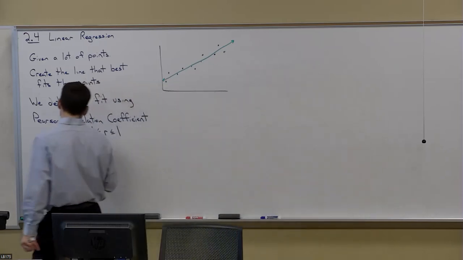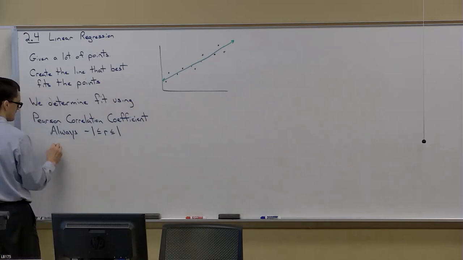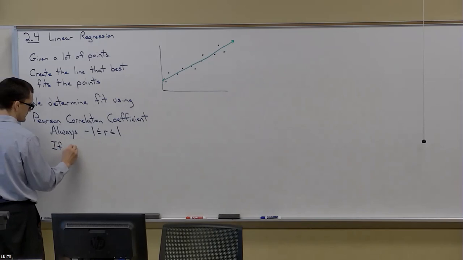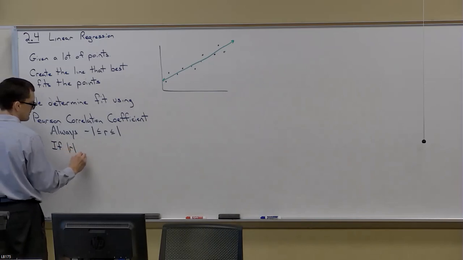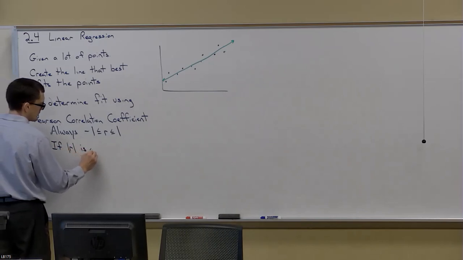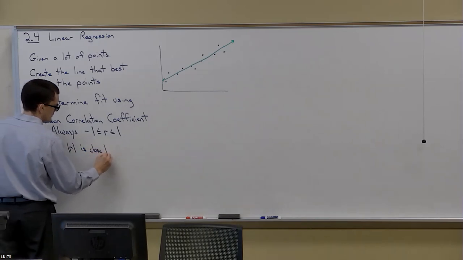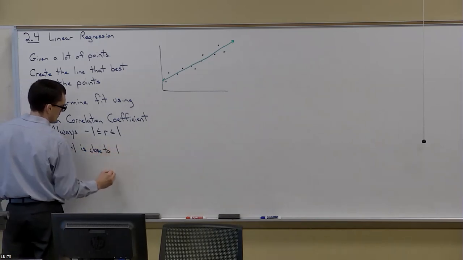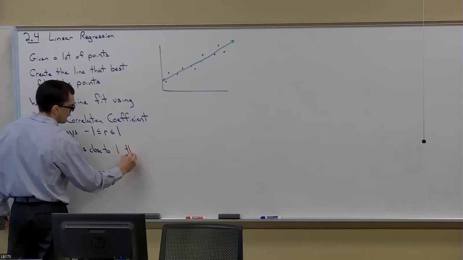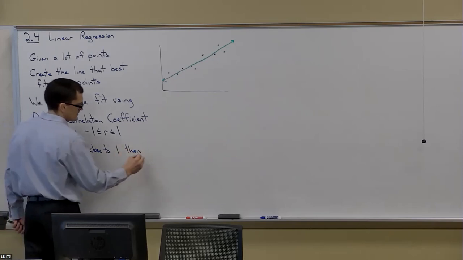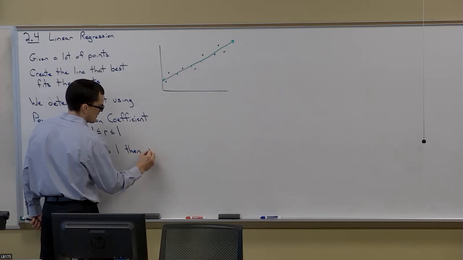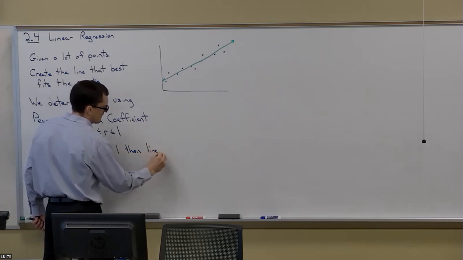So closer to 1, I'll put an absolute value, then the line is a good fit to the data.